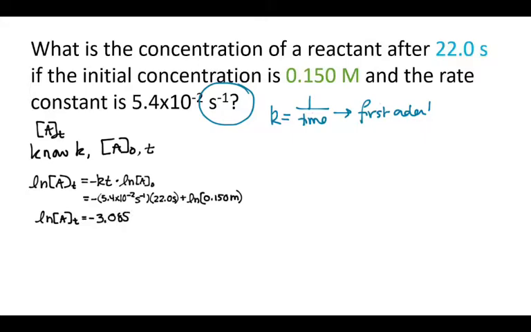Okay, so now how do we liberate the concentration from the natural log? The inverse of natural log is exponent e. So we will raise both sides to the power of e.